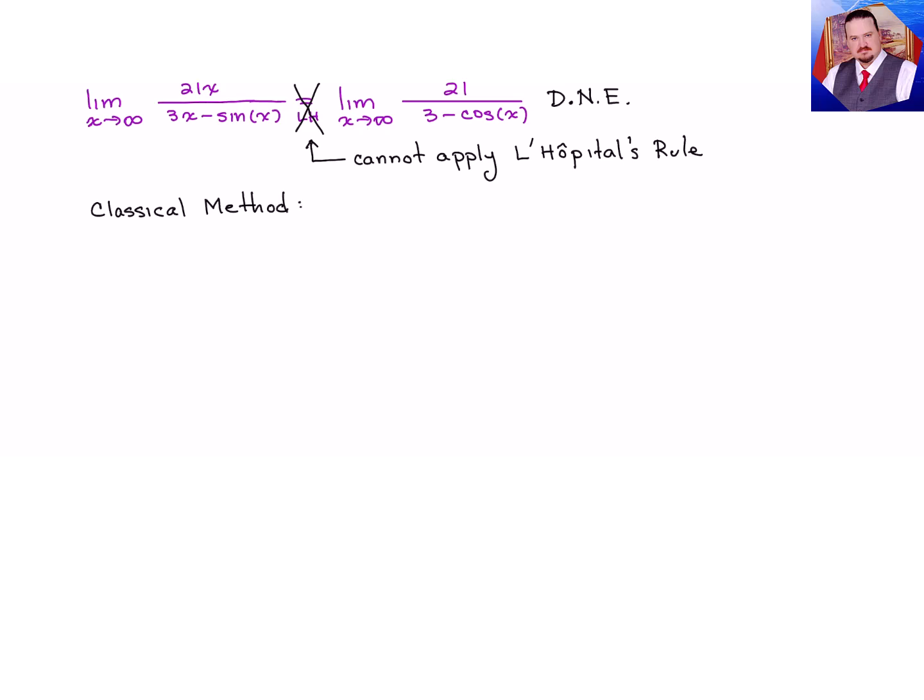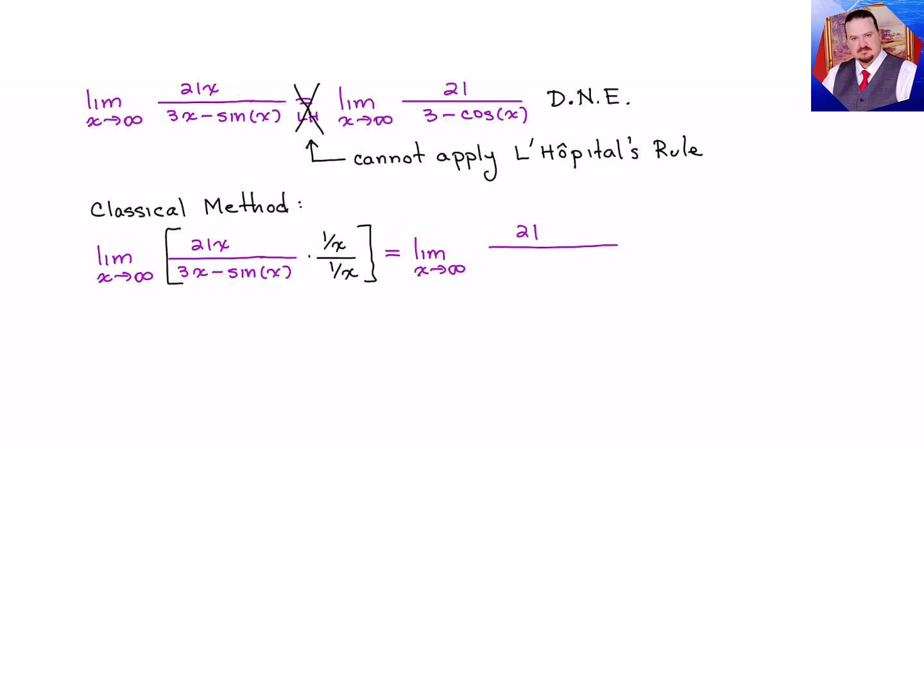So let's take our original problem and let's multiply by 1 over x over itself. Many of y'all are saying, okay, yeah, this technique is coming back to me. This is one of the techniques that you would use when identifying horizontal asymptotes, which is exactly what we're doing when we're considering a limit at infinity.